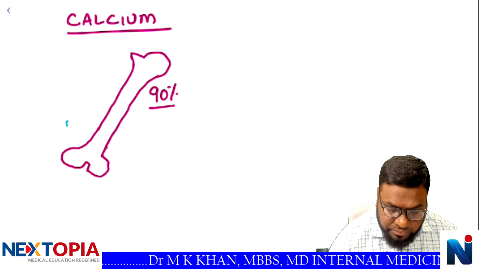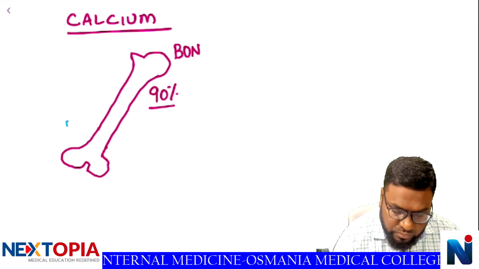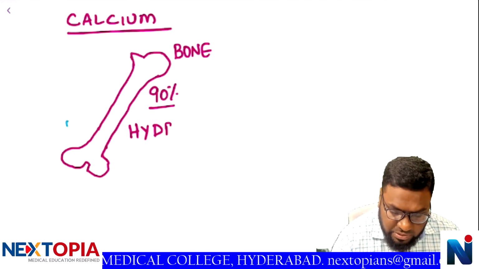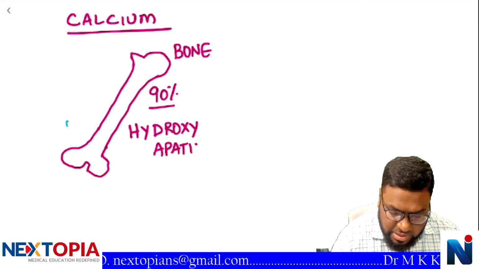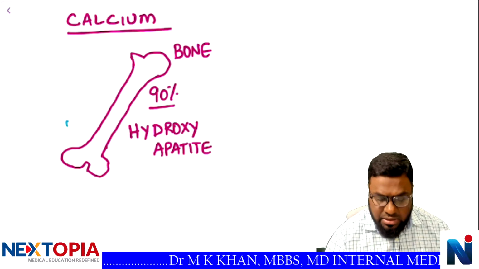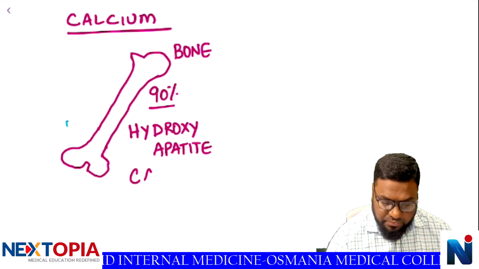In the bone, the calcium is in the form of hydroxyapatite. Calcium hydroxyapatite is a chemical name, complex name. Hydroxyapatite crystals or salt, calcium phosphate.